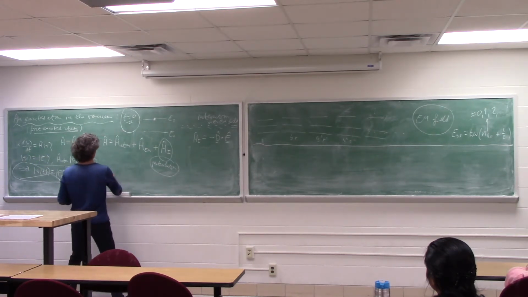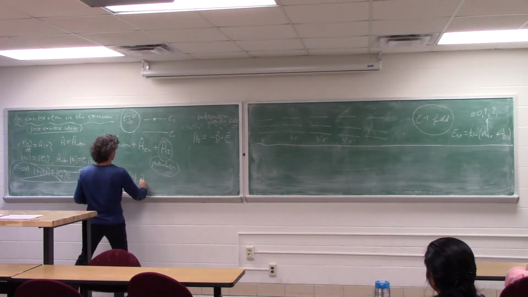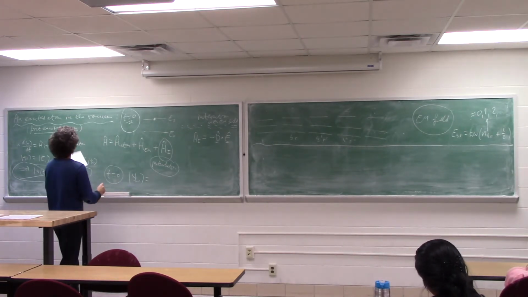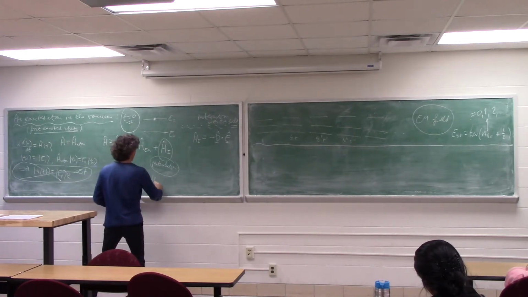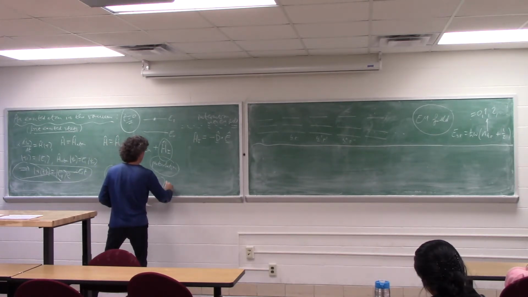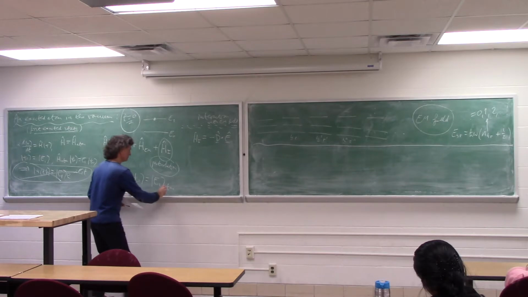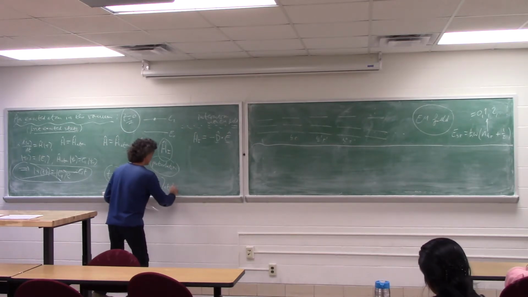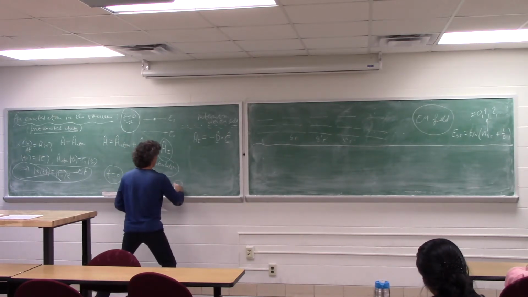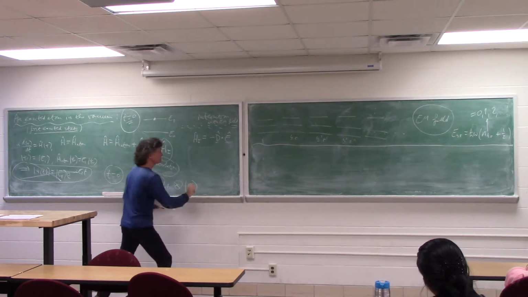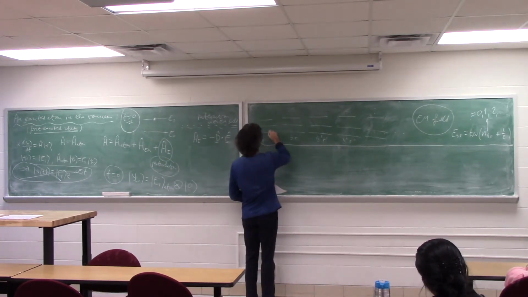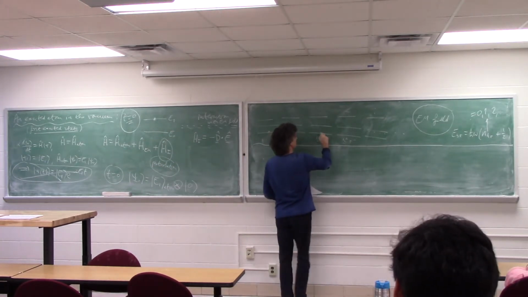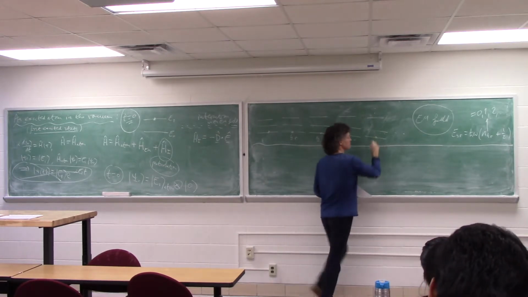At t is 0, my total state is equal to E1 for the atom, crossed with the ground state. Let's assume that the electromagnetic field is in the ground state.